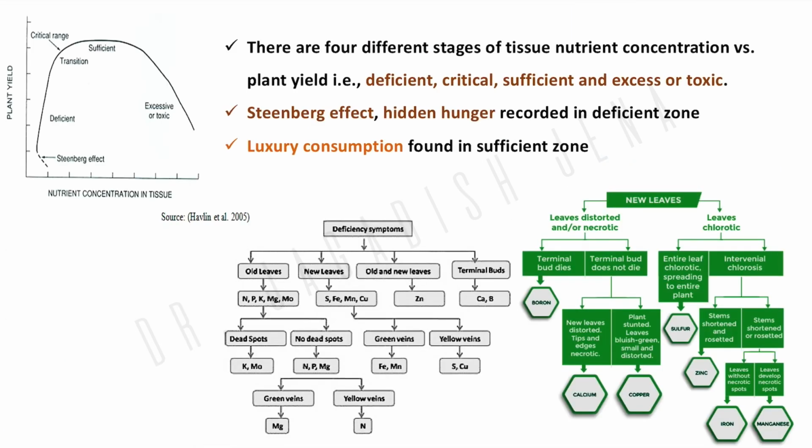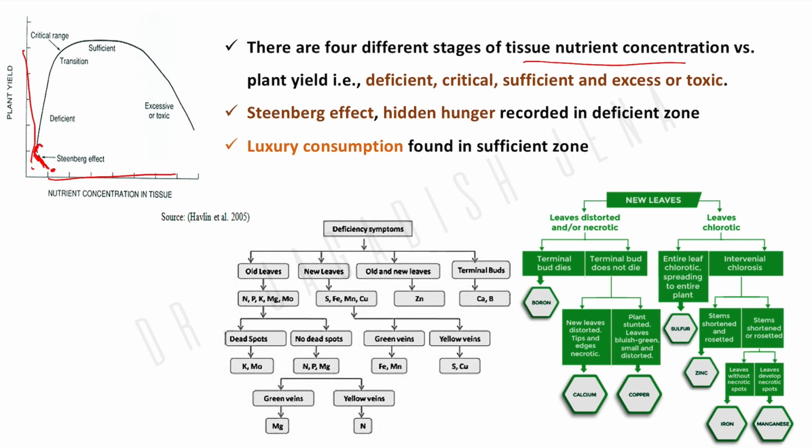Let's see. So basically there are 4 different stages of tissue nutrient concentration. Suppose this is the plant yield or plant growth, and this is the nutrient concentration in the tissue. So at the initial development stage, suppose we have shown the seed here, and up to a certain vegetative stage there will be a decrease because rapid growth will happen at the initial stage.